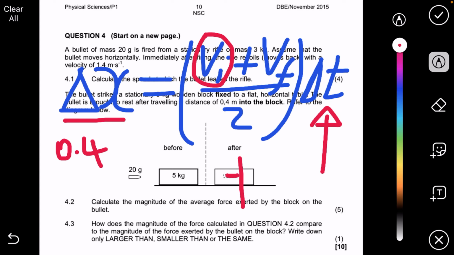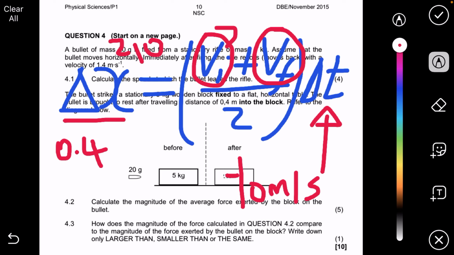What will be the velocity initial? Obviously, it should be that 210 that we assumed to be the initial velocity. What is the v final? Obviously, it comes to rest, which means the final velocity will be 0 meters per second. Then we're going to have 210 over there, which is divided by 2.